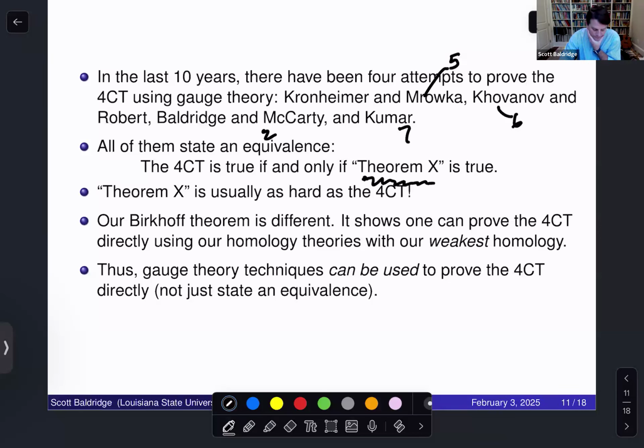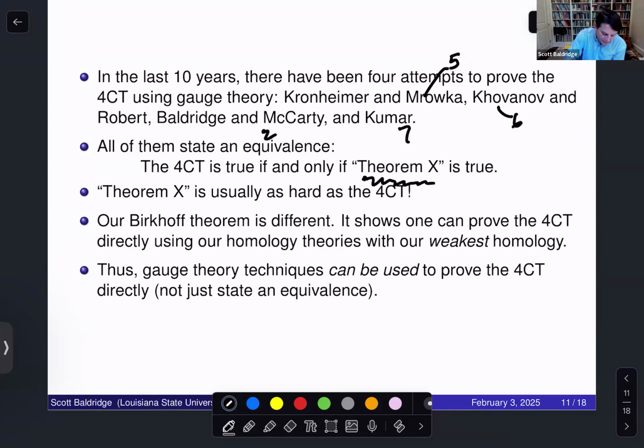And in our case, that's the existence of a spectral sequence that starts with a homology theory that can be shown to be non-vanishing, and when you get to the E-infinity page, the E-infinity page also doesn't vanish. So, not easy. It's just a really hard thing to prove in general.